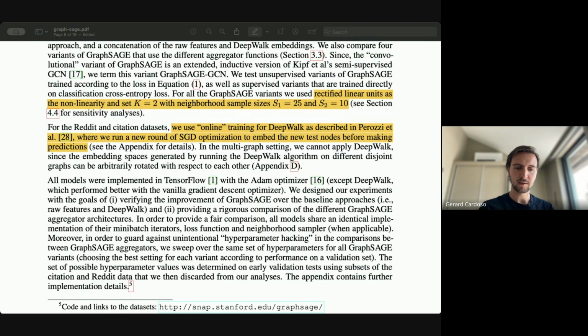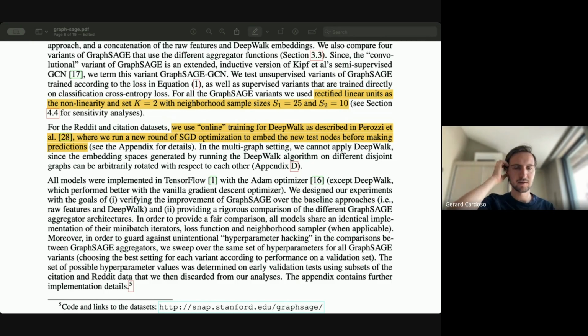Effectively, it does random walks across the graph, starting from different nodes, and then it has the same unsupervised loss function where it tries to make sure nearer nodes have similar representations, and nodes further away have more distant representations. But it doesn't learn aggregator functions; it learns the node embeddings directly.